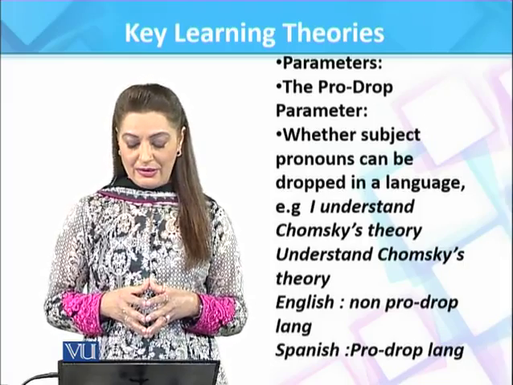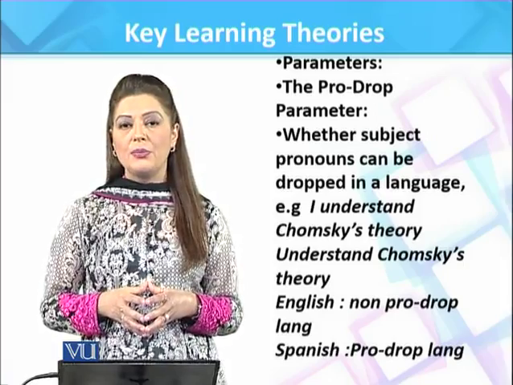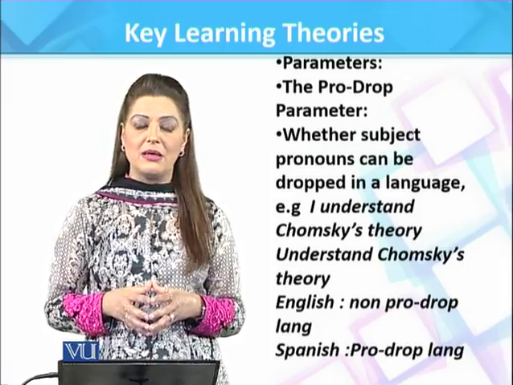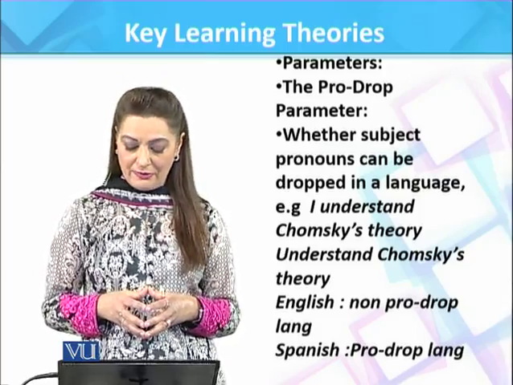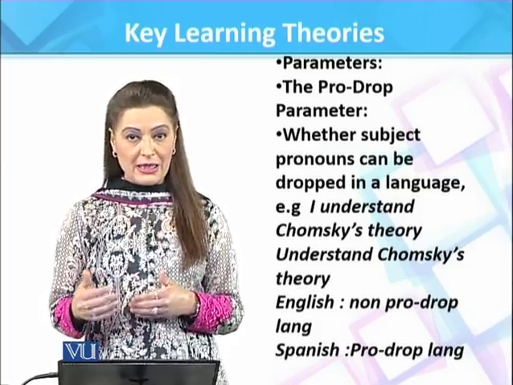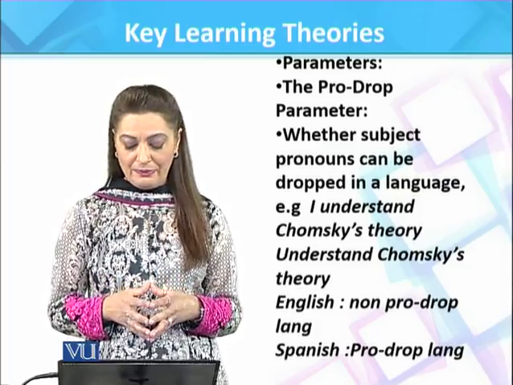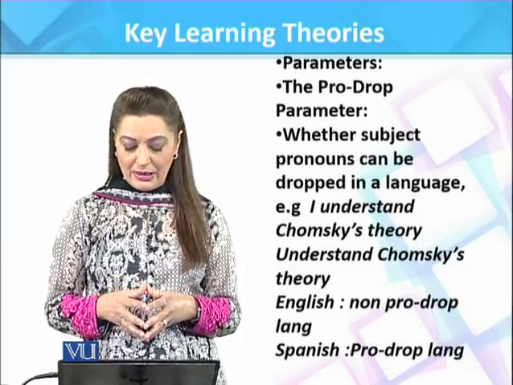Parameters refer to the pro-drop parameter. The pro-drop parameter is also known as the pronoun dropping parameter. It concerns whether subject pronouns can be dropped in a language or not. For example, I understand Chomsky's theory.